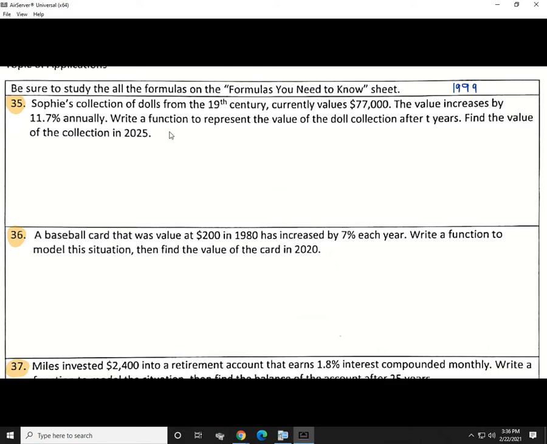So first of all, let's write the equation. If it says that it's just increasing by 11.7% annually, that is appreciation. So that's principal times 1 plus r raised to the t. So that means that A will equal the principal amount, that's the original amount, that's $77,000.